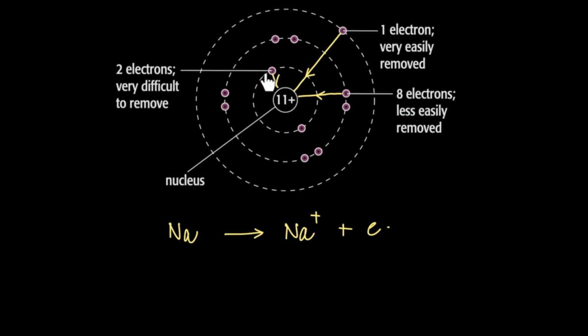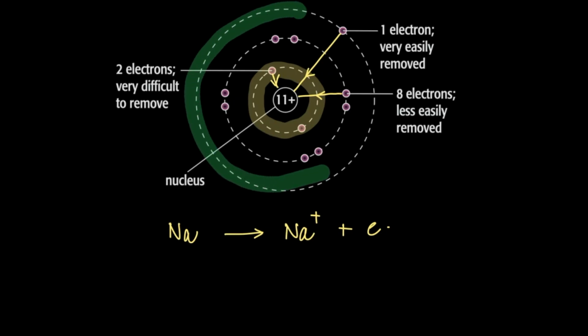These 2 electrons in the innermost, that I'm highlighting in yellow, will require the most energy, and the one in green on the outermost periphery will require the least amount of energy. So electrons are generally lost from the outermost shell first, and this value is about 496 kilojoules per mole.